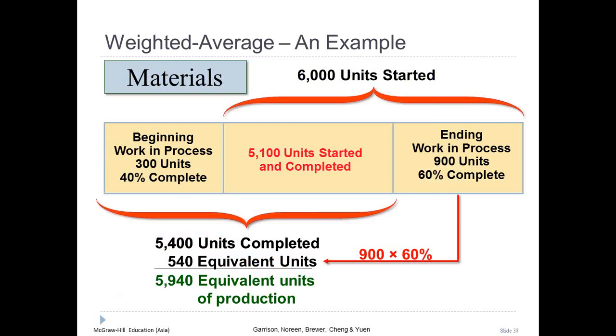So here's a chart showing the computation of equivalent units as to materials. Remember, we started with 6,000 units into production this month. The equivalent units of production equals the units completed and transferred out, 5,400 units, plus the equivalent units remaining in work in process.